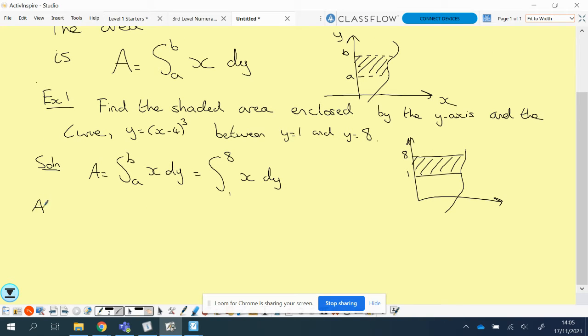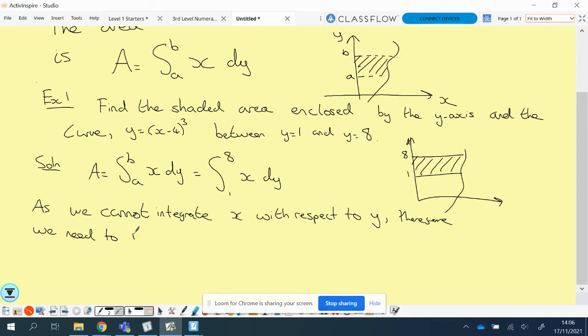So as we cannot integrate x with respect to y, therefore we need to rearrange the equation of the curve. Let's just put a wee additional note there.